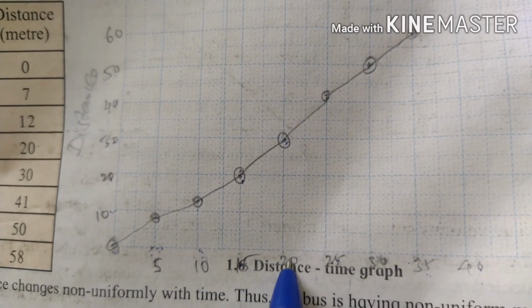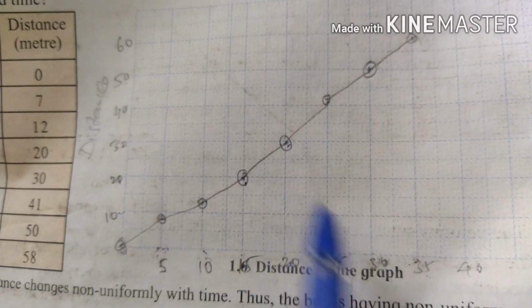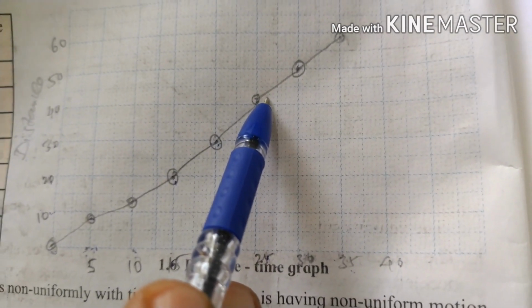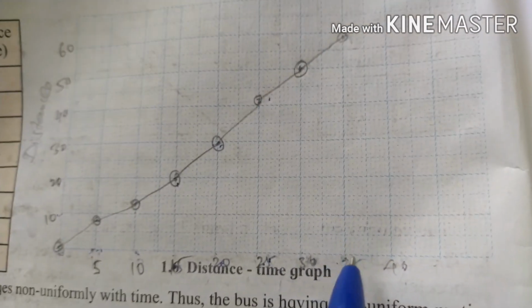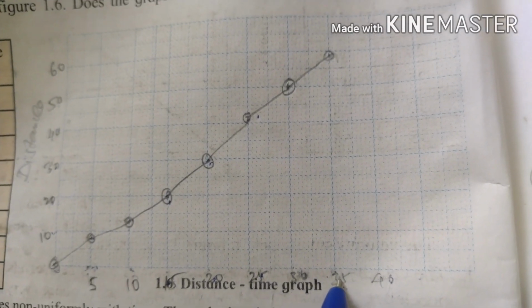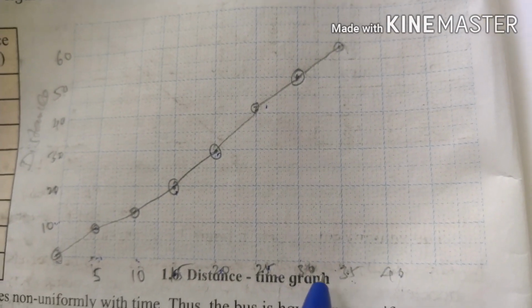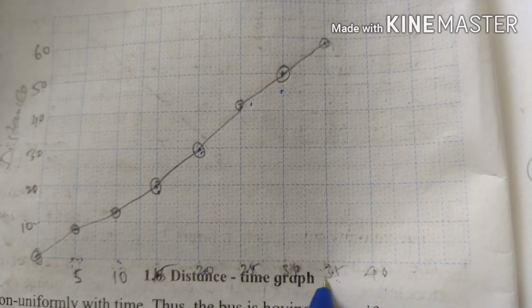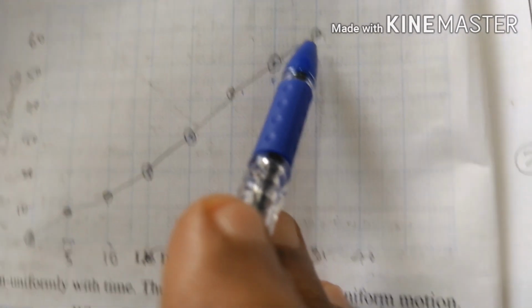In 20 seconds it covers 30 meters. In 25 seconds it covers 41 meters. In 30 seconds it covers 50 meters. In 35 seconds it covers 58 meters.